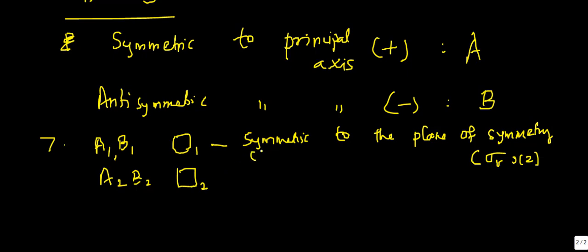That is positive. Symmetric means positive. When it is anti-symmetric to the molecular plane, when more than one plane is present, or whatever plane that is present, that is negative, then you use the suffix 2.